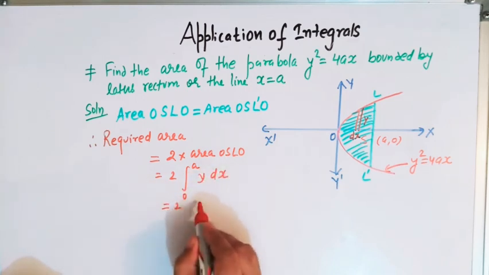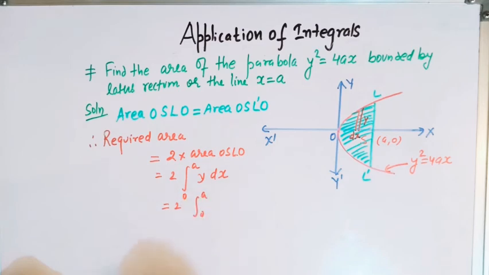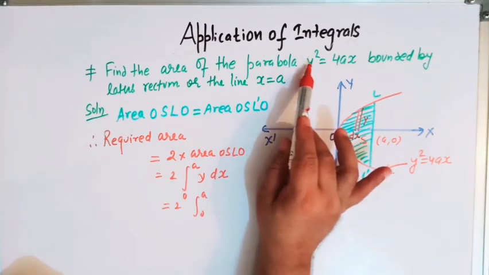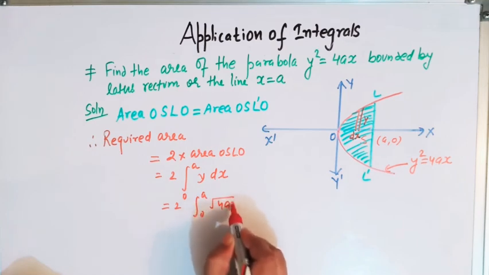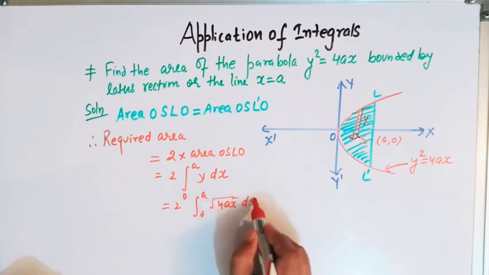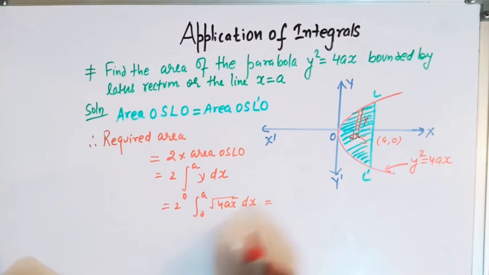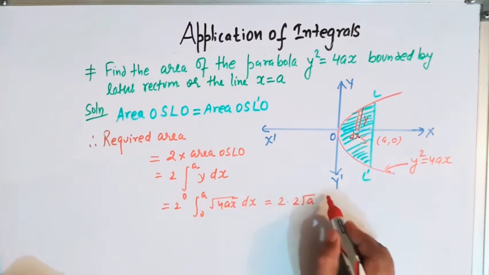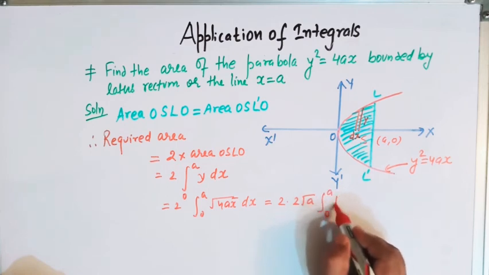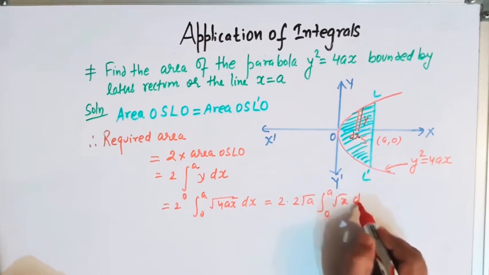Now the value of y is obtained from this equation. So we have square root of 4ax and here we have dx. Now this is 2 times 2 square root of a, integral from 0 to a of square root of x dx.